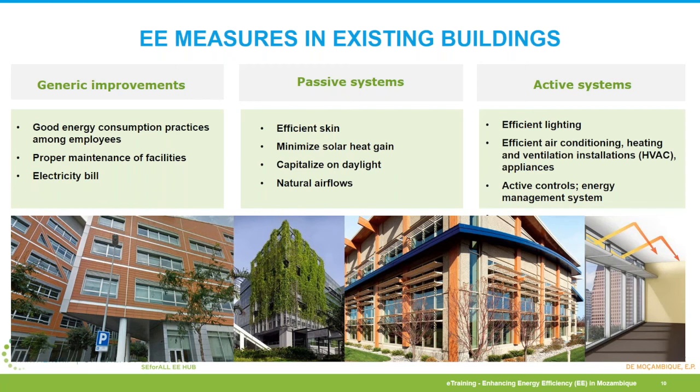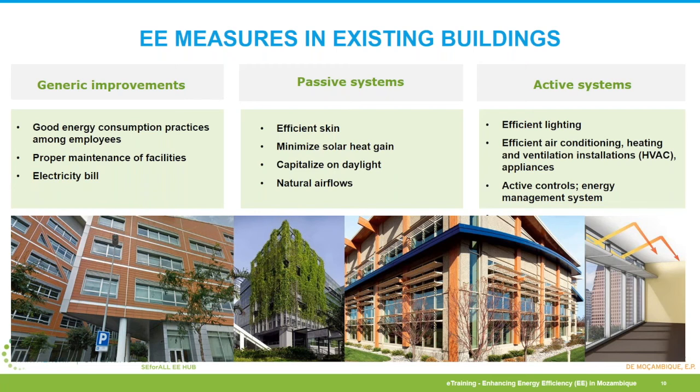Generic improvements do not respect any particular technology or building component, but can also improve the consumption of the building quantitatively. These can be divided into good energy consumption practices among the employees, proper maintenance of the facilities, as well as an adequate contracting of the energy bill.